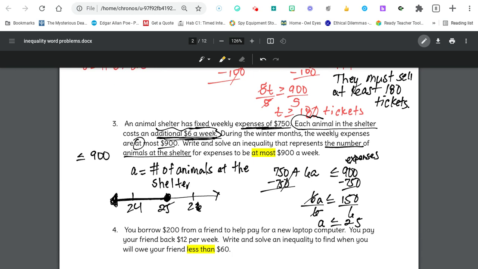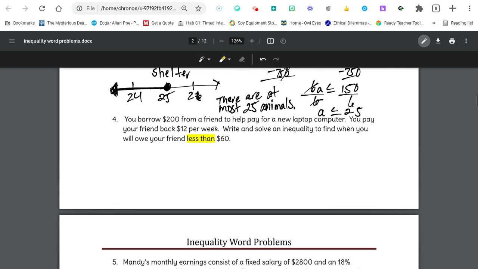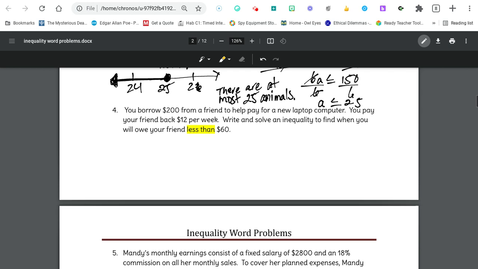That during that week, there are 25 or less animals, or you can say at most. Let's just use the word that they're using. Meaning less than or equal to 25 animals. All right, you're gonna pause the video and try number 4, okay?